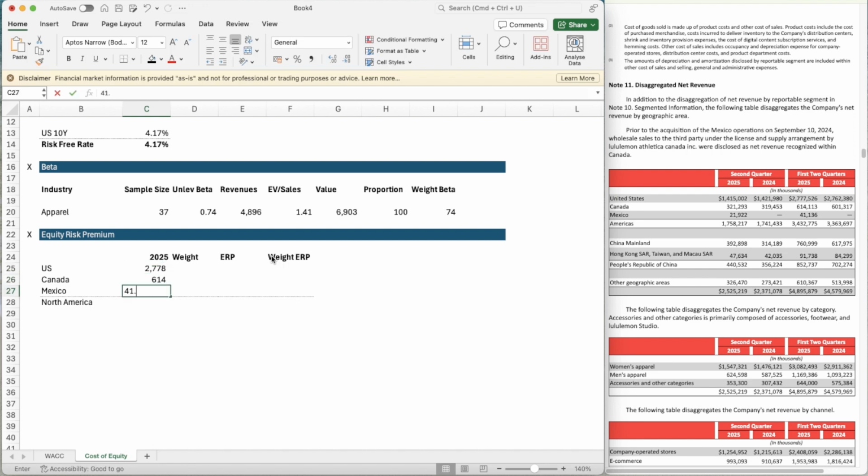Mexico, 41.136. Wow, they do more than 1 billion in men's. Nearly a quarter of revenue comes from men's. Yeah, that's quite a bit. It's not bad.